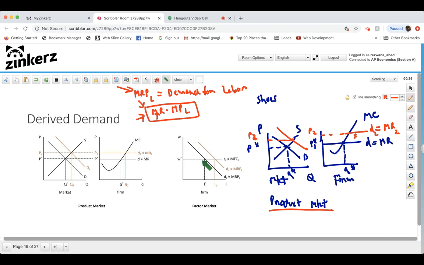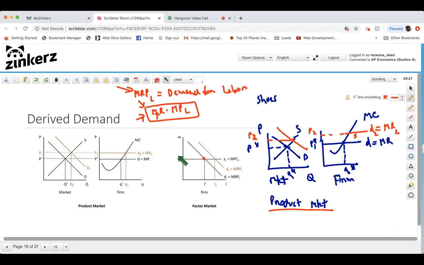We went through all of this on Tuesday. So we know that the profit maximizing quantity of labor to hire is where the MFC intersects the MRPL. At the factor market for the individual farms, this would be the profit maximizing quantity of labor to hire.